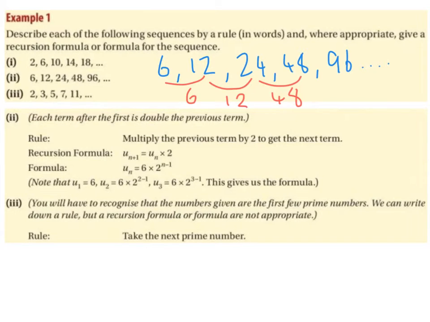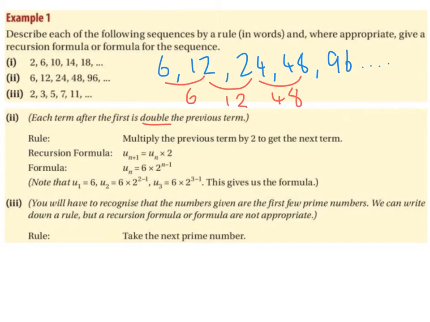So let's have a look a bit closer at these numbers and see what is the relationship between them. Well, we notice that each term after the first is a double of the previous term. So 6 times 2 is 12. 12 times 2 is 24. 24 times 2 is 48. 48 times 2 is 96.